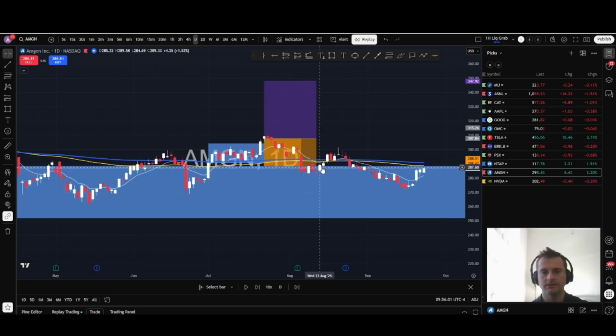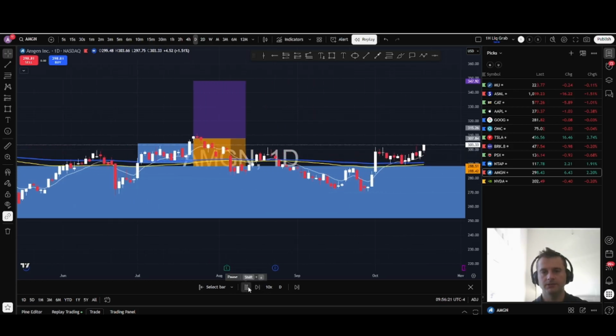At some point somewhere here where I see that there is really no interest, the price tried to go up, came down even below those levels. This is where I would say, yeah, I'm no longer interested in this. I don't want to take the time for the price to rally up.